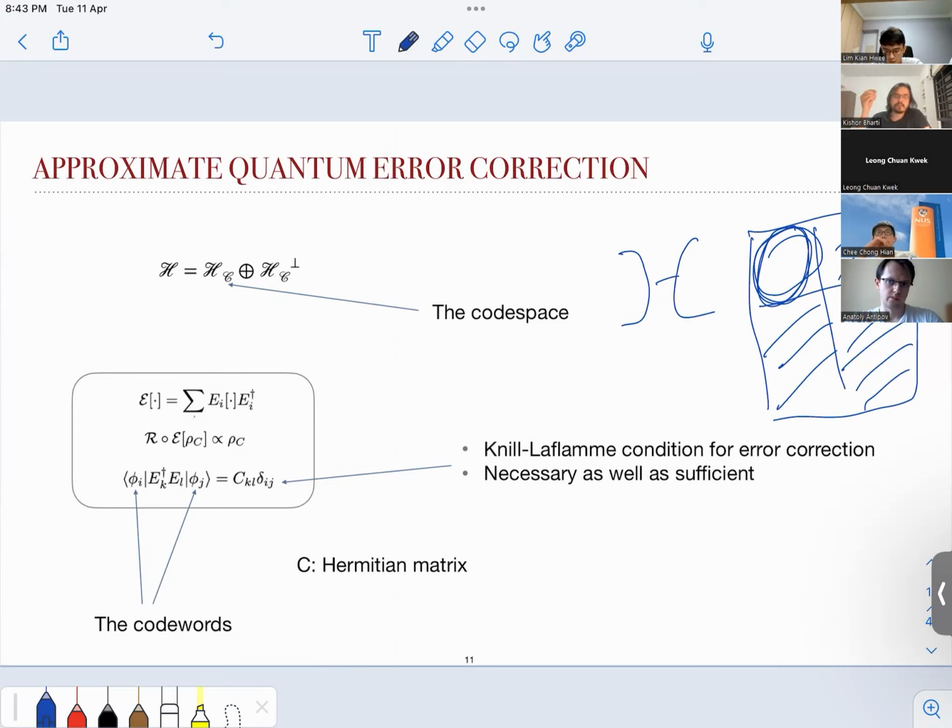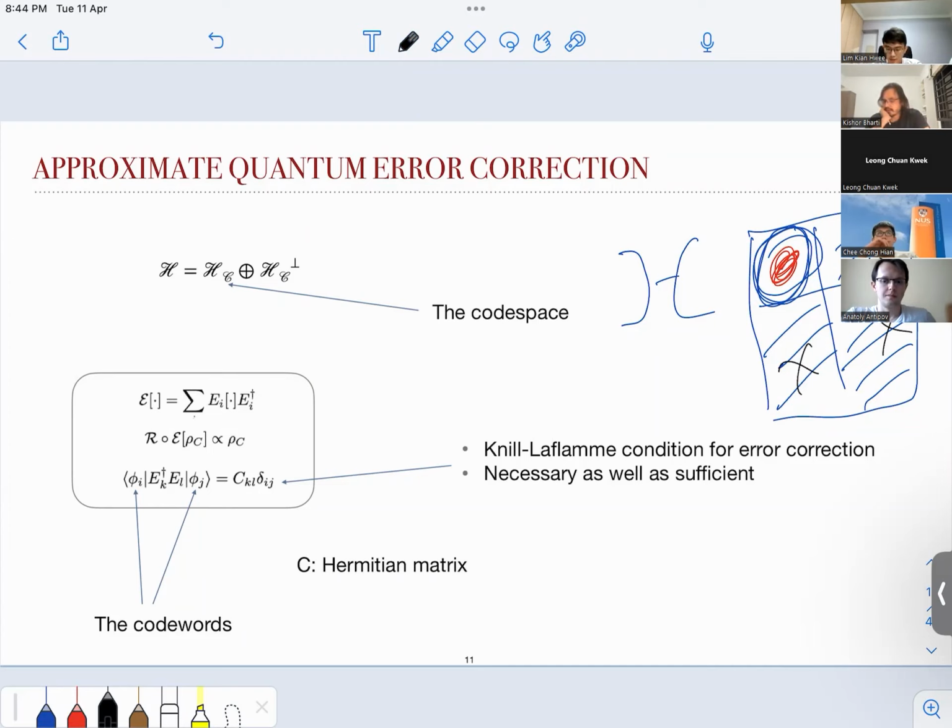The job of quantum error correction is to tell this guy to go back to the error-free room, where all the error-free guys live. But if you go here, you are committing some crime.